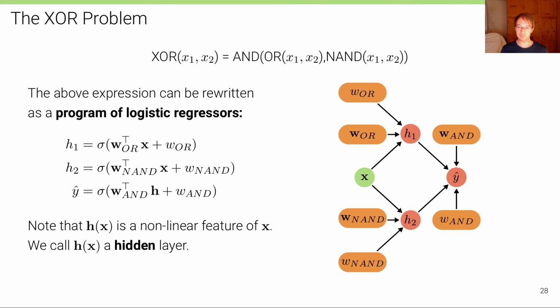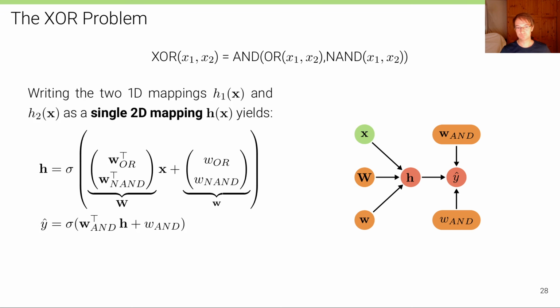Now we can simplify this computation graph here on the right a little bit by combining these two equations, H1 and H2. As you can see, these are scalar equations, and as before, we can apply the sigmoid function element-wise to the output, which is a scalar expression here. We can also do this on vectors.